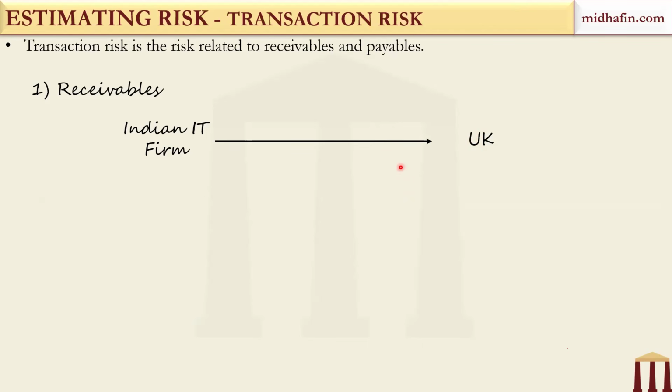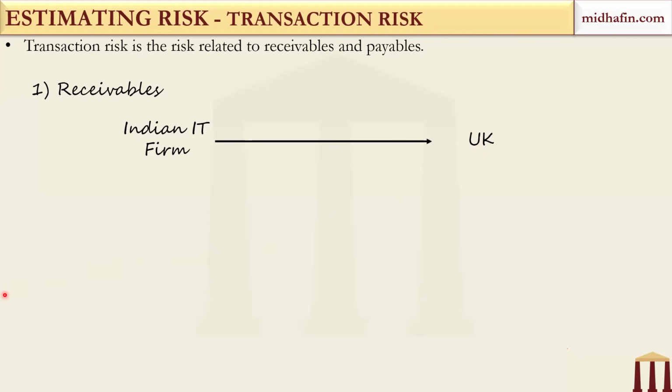Thank you. So I said that under this arrangement, this Indian firm is going to invoice this UK firm in Great Britain pounds, let's say, because that's the operating currency for the UK company. So they have agreed that you will invoice me in GBP.